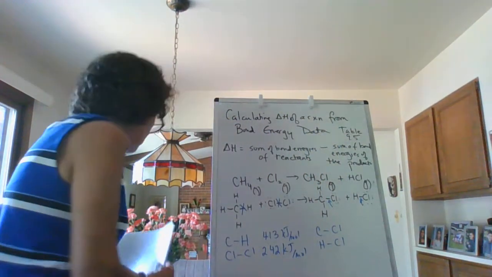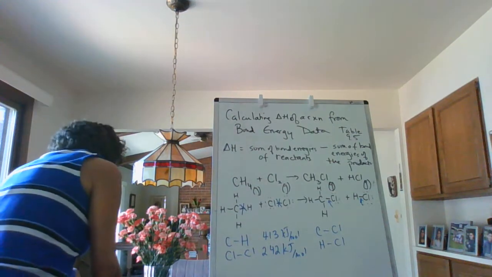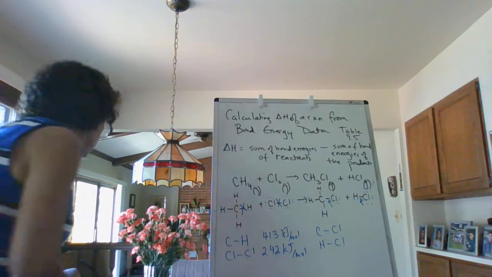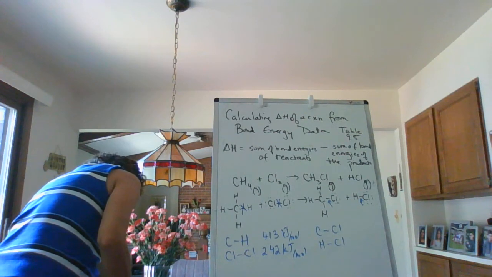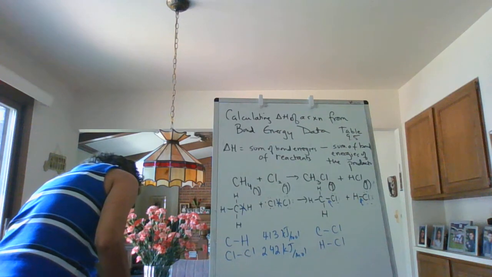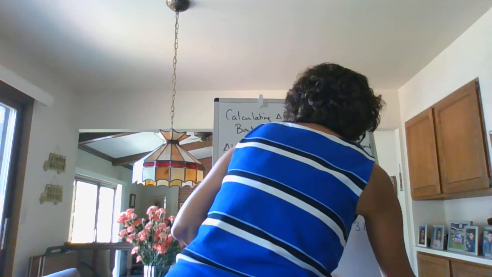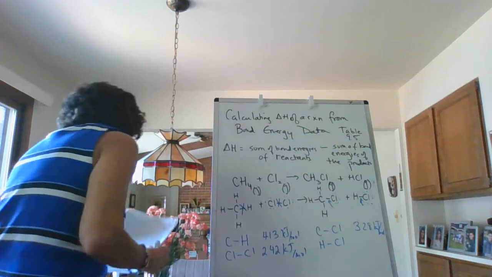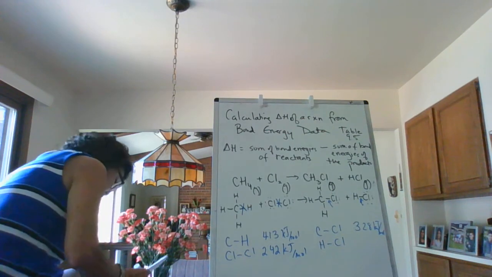Now we want a carbon-chlorine. Again, I'm just looking at this table, guys. That's what I'm looking at. I want a carbon-chlorine. Carbon-chlorine is 328. And then hydrogen-chlorine is 431.